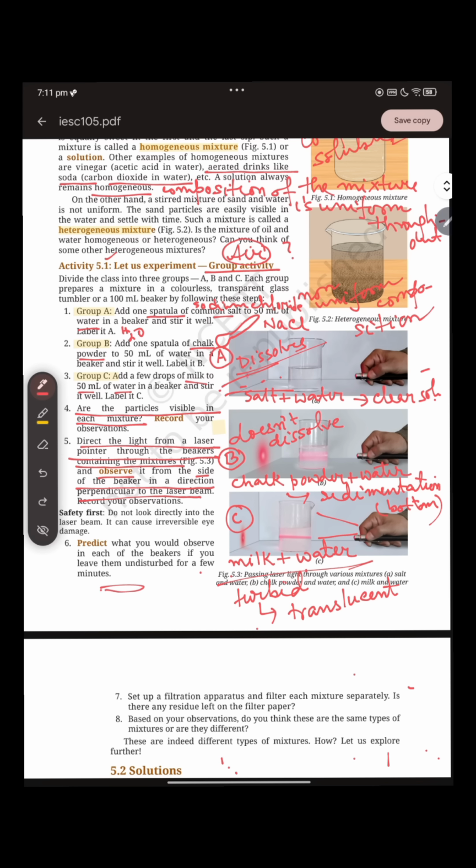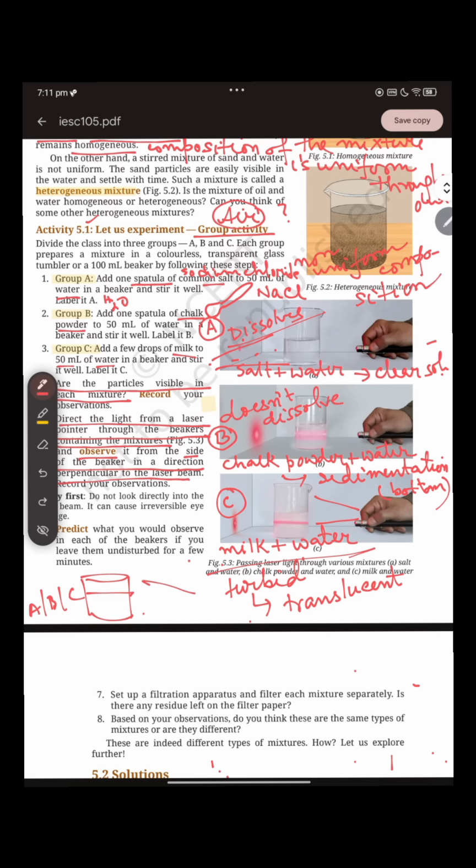That means if this is your beaker containing A or B or C, and you are projecting the laser pointer in this manner, your eye will be here. It's perpendicular to the laser beam, right? Then what will you observe?